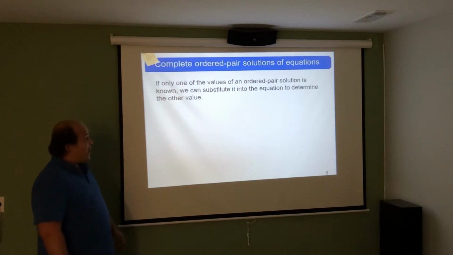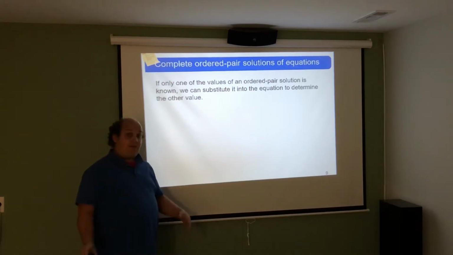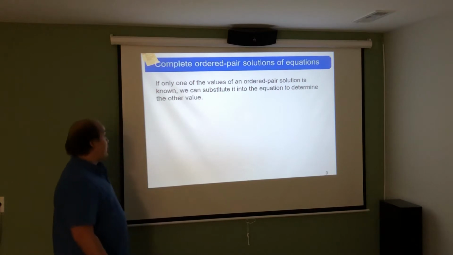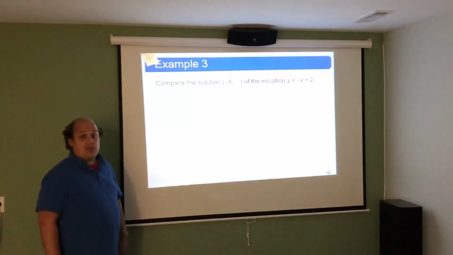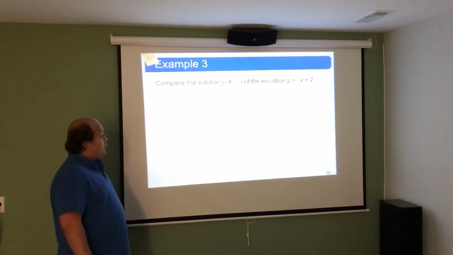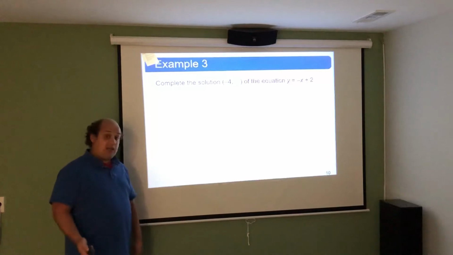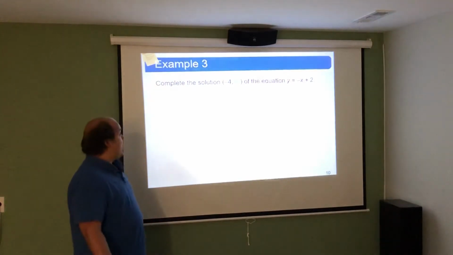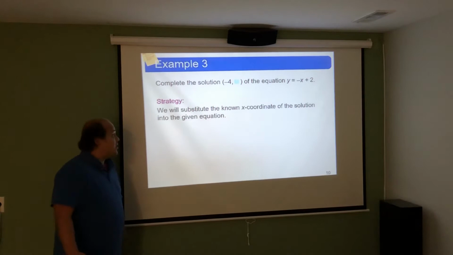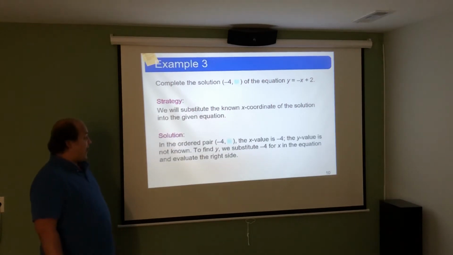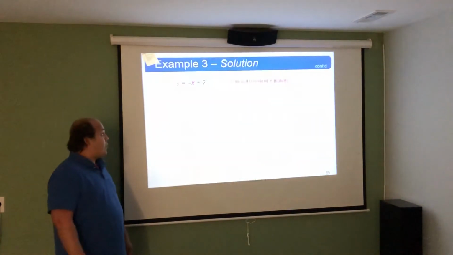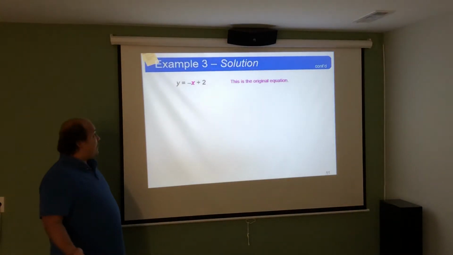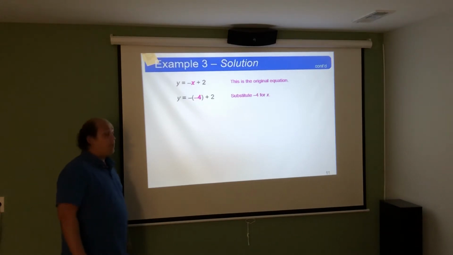If we only know one of the values in an ordered pair solution, we can find the other one by plugging into the equation. So if, for instance, we know (-4, something) is a correct solution to y equals -x plus 2, here they've given us the x-coordinate, and we just need to plug in to find the y-coordinate. So we're going to substitute the x-coordinate in wherever we see an x. We're going to put in -4 wherever we see an x in the equation. y equals -x plus 2 becomes y equals -(-4) plus 2.